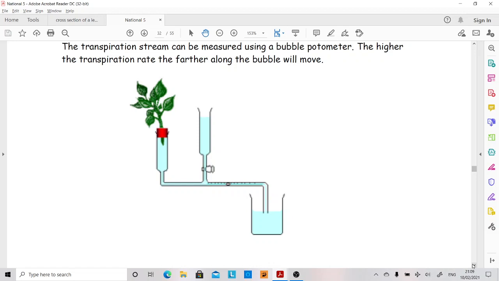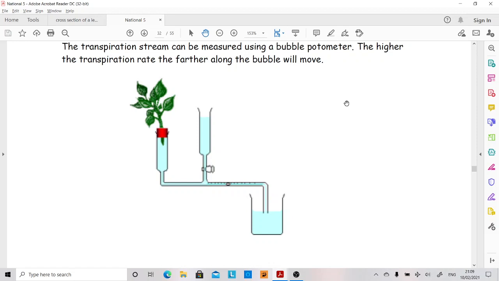What they're looking at here is there's a little bubble, and if there's a lot of evaporation of water from the plant, then water is going to be sucked up here and the bubble will move along. So there's different types of apparatus. Some of them you would add water back in to put the bubble back to where it started. Other ones you might just measure the distance the bubble's moved.